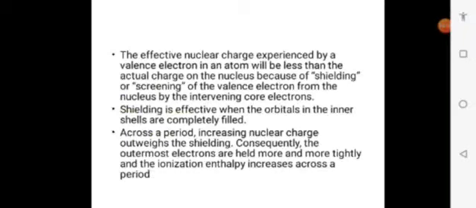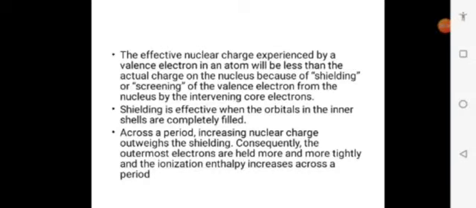The effective nuclear charge experienced by a valence electron in an atom will be less than the actual charge of the nucleus because of shielding or screening of the valence electron from the nucleus by intervening core electrons. It means, first of all, what is the screening or shielding effect?